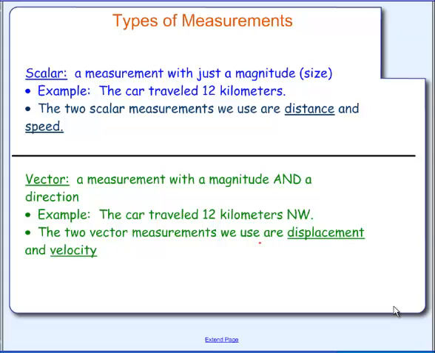An example that's listed here is a car travels 12 kilometers northwest. It has both a size, kilometers, and a direction, northwest. In this unit of study in physics class, the two basic vector measurements that we will cover will be displacement and velocity.